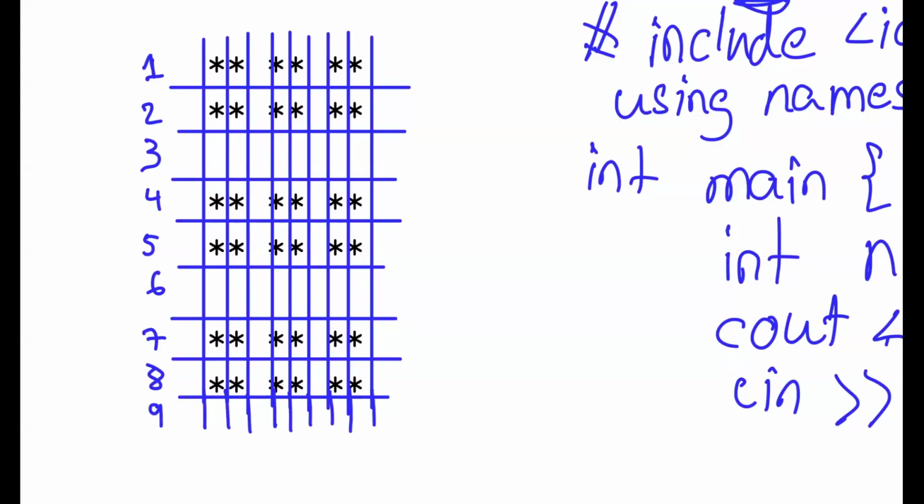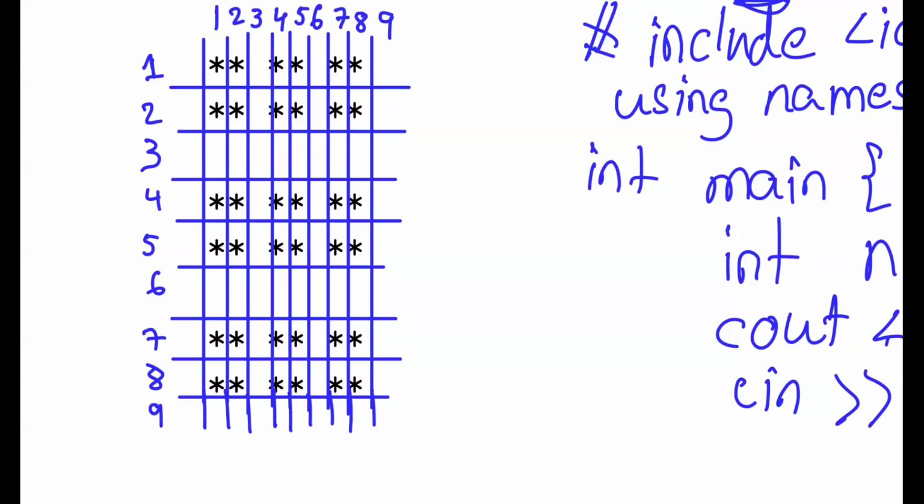And then here is column 1, column 2, column 3, column 4, column 5, column 6, column 7, column 8, and column 9. Okay, do you understand this so far? Okay, great.